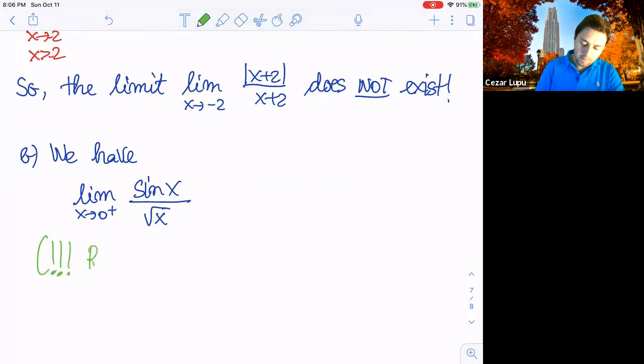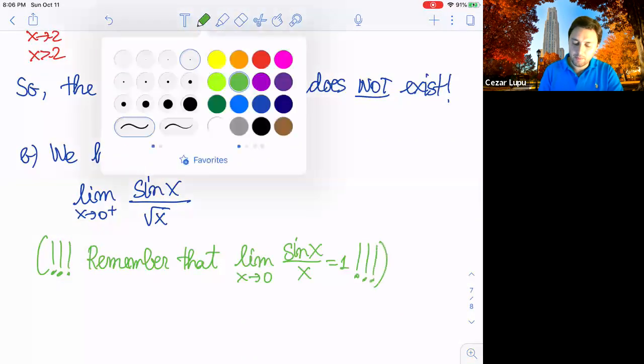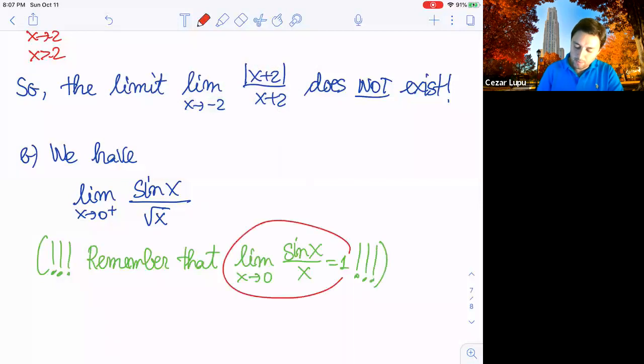So remember that the lim as x approaches 0 of sine of x over x is 1. Keep in mind that we have this.